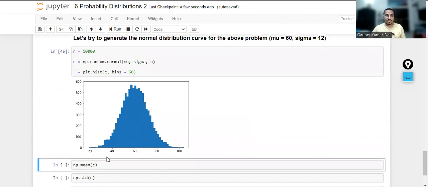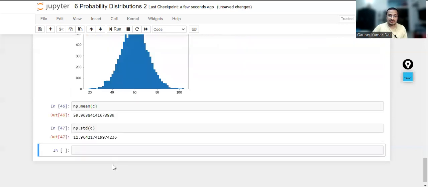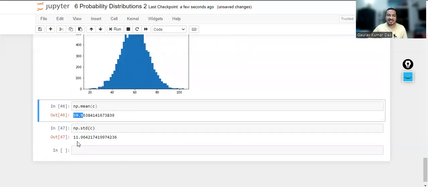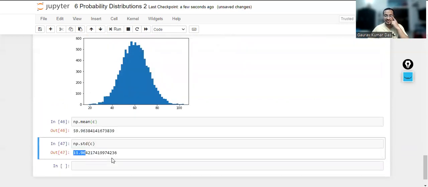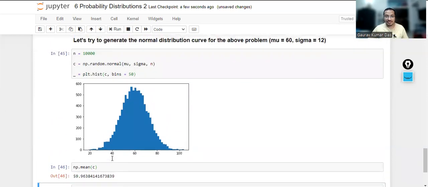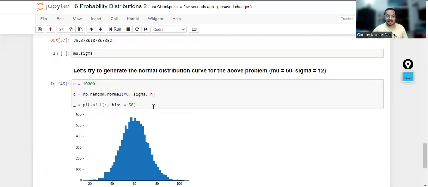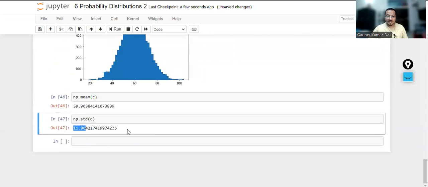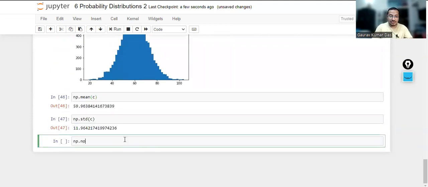If I want to recalculate the average of this distribution, I get nearly 60. Standard deviation is nearly 12, to satisfy my previous condition of mu and sigma.